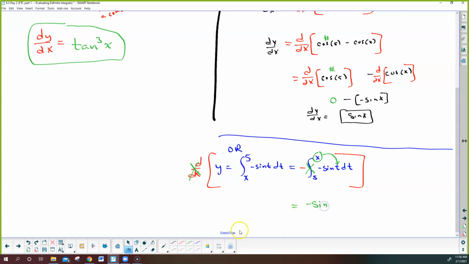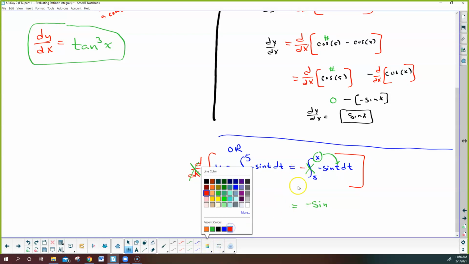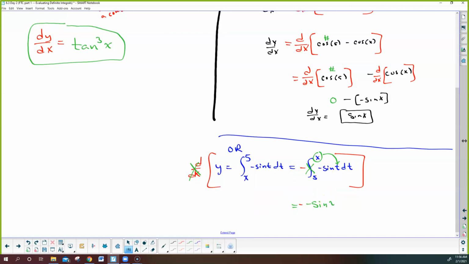So I get the negative, the red negative, of whatever the function was with that x plugged in. Now, do notice a negative and a negative reduce out to be a positive. And there is a faster way of doing it, and that is the fundamental theorem of calculus part 1.